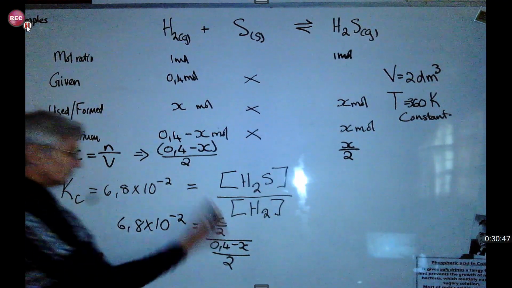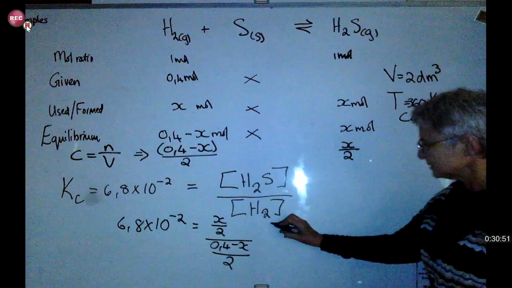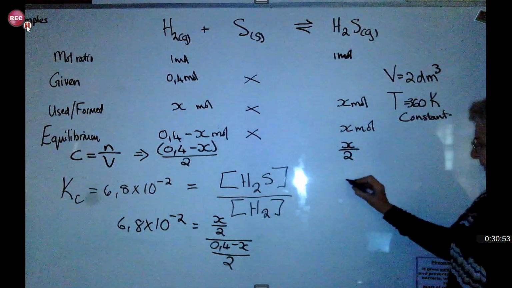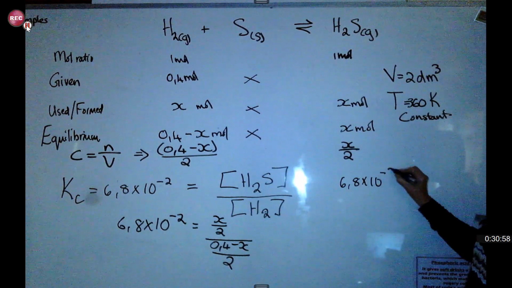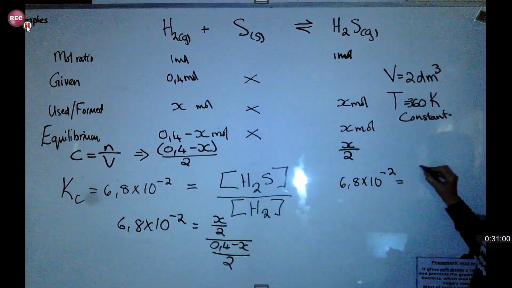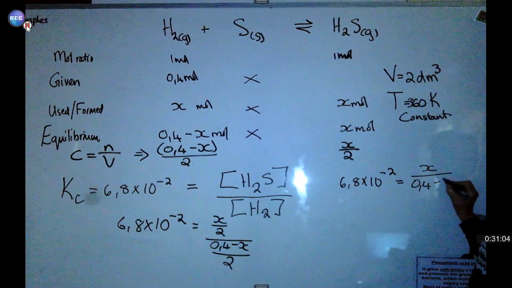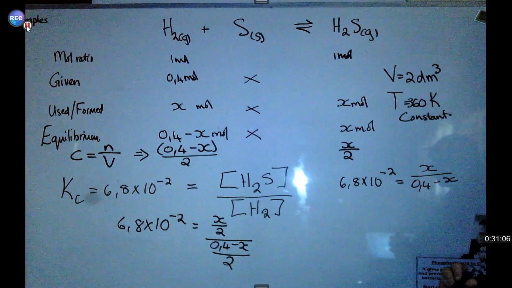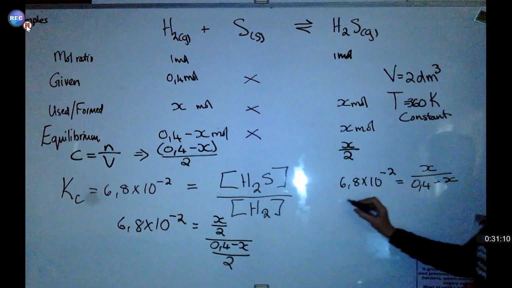Yes. So technically, I'm going to write this here: 6.8 times 10 to the power minus 2 equals x over 0.4 minus x. Now you need to do your mathematics.